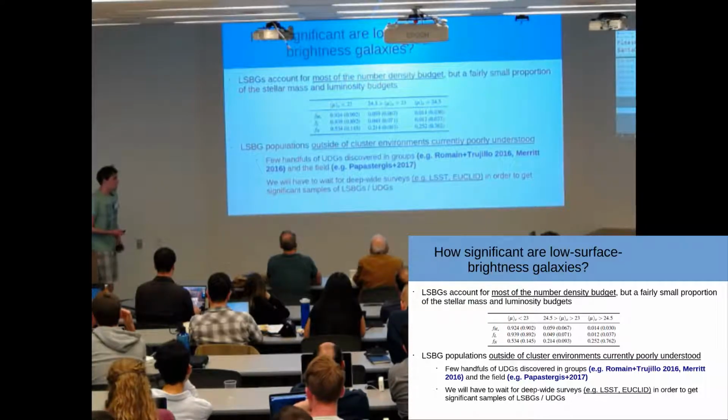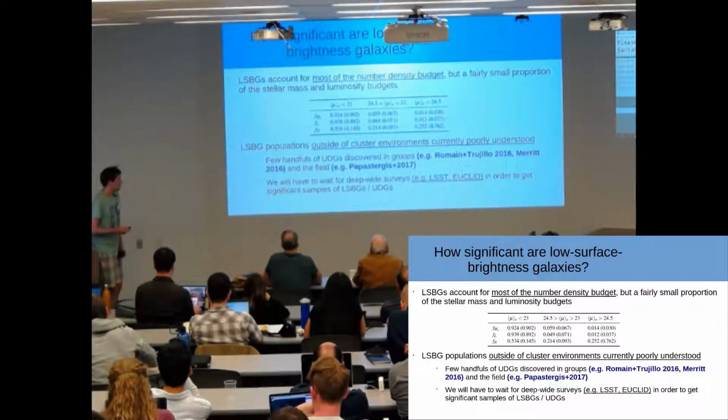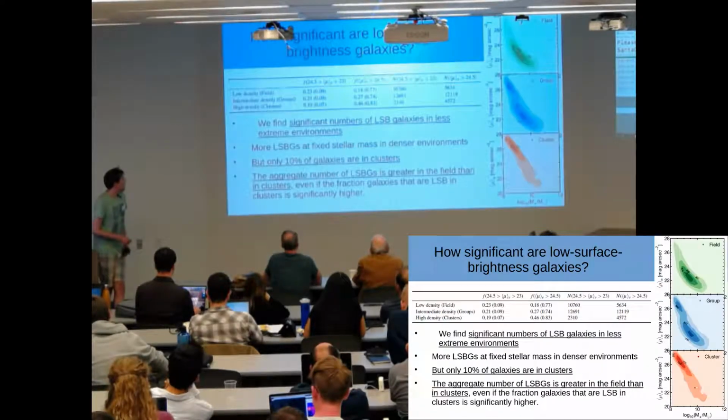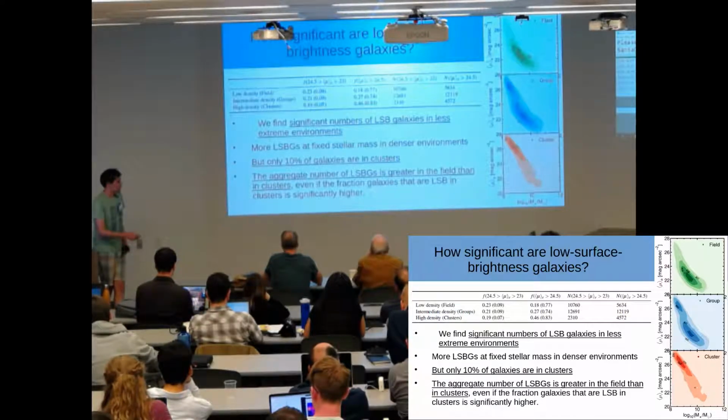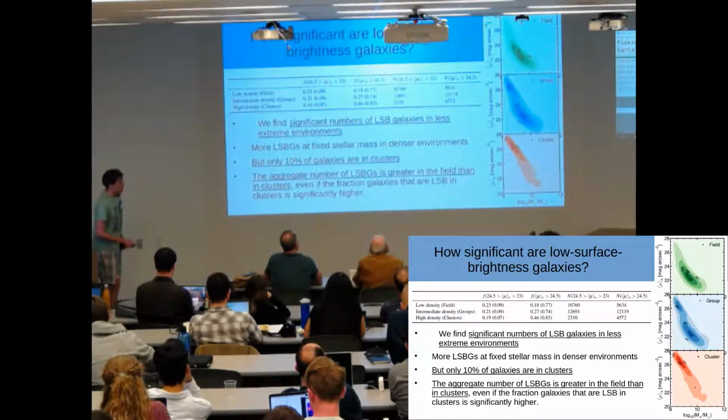Likely we'll have to wait for wide and deep survey instruments like LSST to find significant samples of these. But this is something we can look at using simulations. Here I'm showing the distribution in stellar mass and average surface brightness in the R band in field, group, and cluster environments.